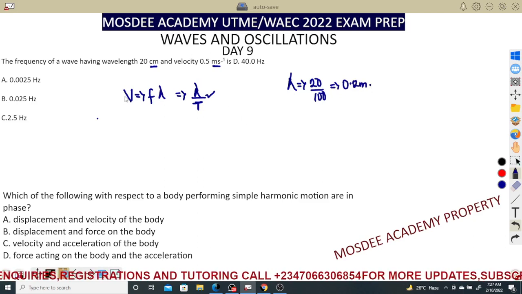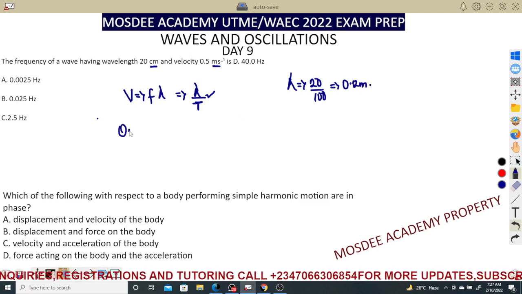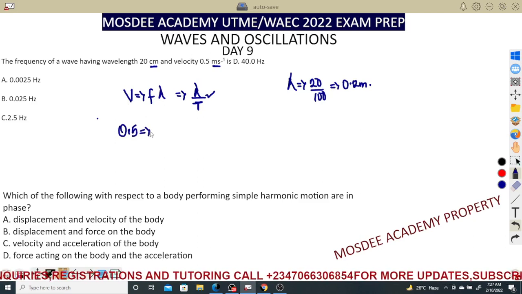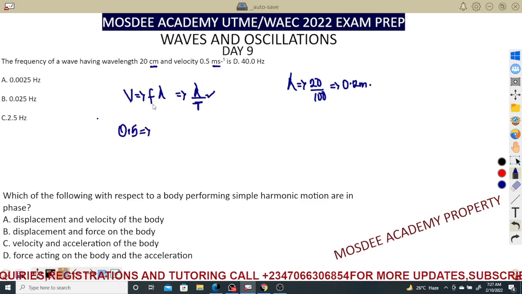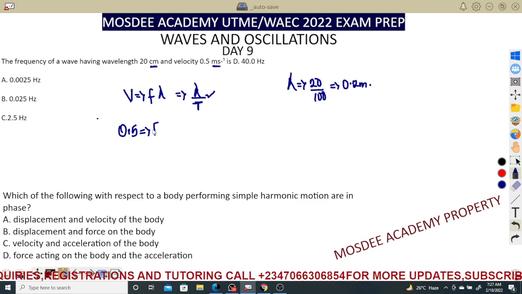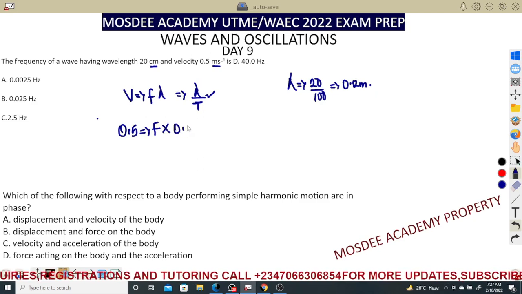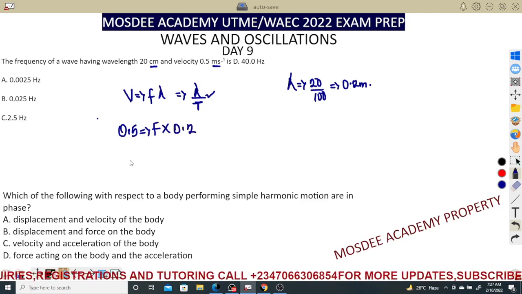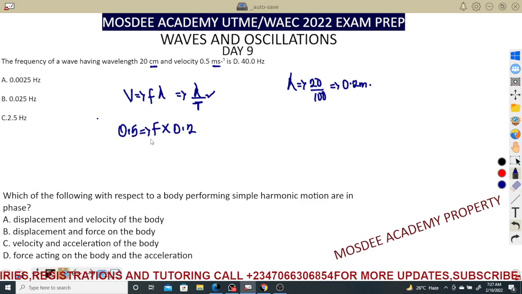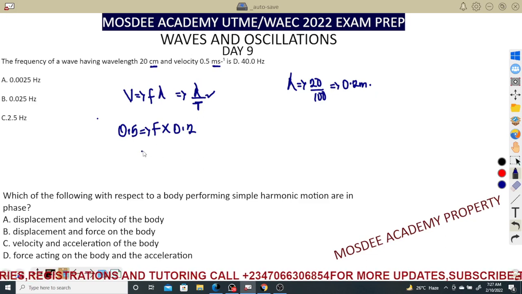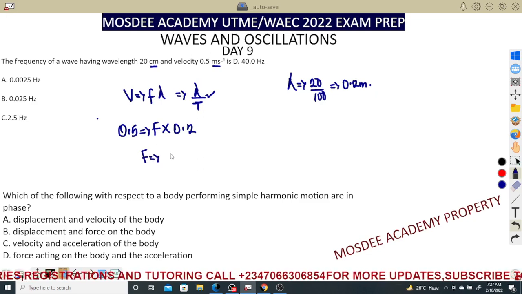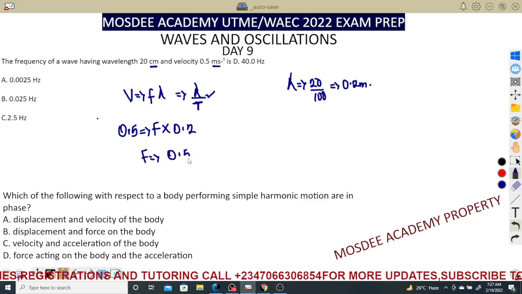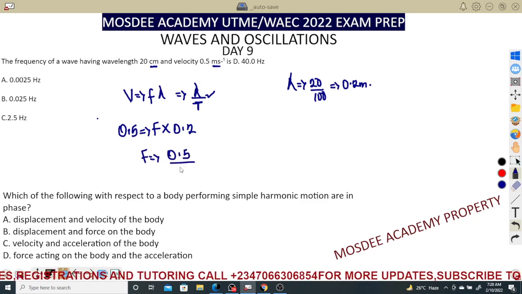The velocity was 0.5. The frequency, you don't know. The wavelength is 0.2. So on simplification, I told you I'll be leaving most of this stuff for you guys to be doing because I don't want to be wasting time. It should be 0.5 divided by 0.2.